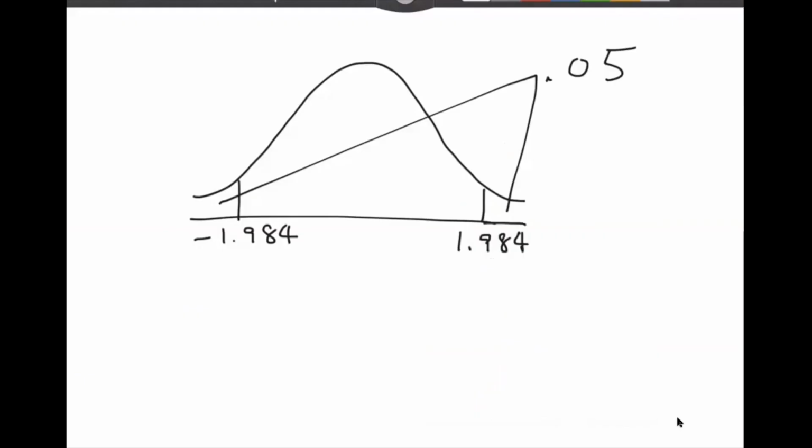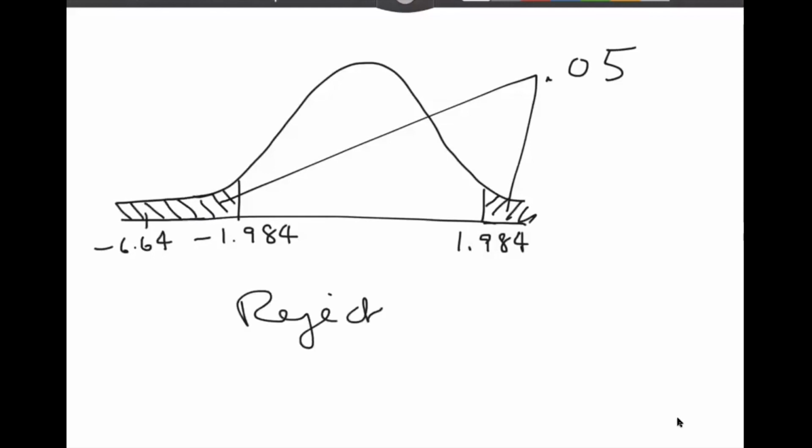Sorry about that. I forgot to switch. Okay, and again, we've already calculated the test statistic. The test statistic was negative 6.64. That is well within the critical region. So that would give us the same conclusion. We would reject the null hypothesis.